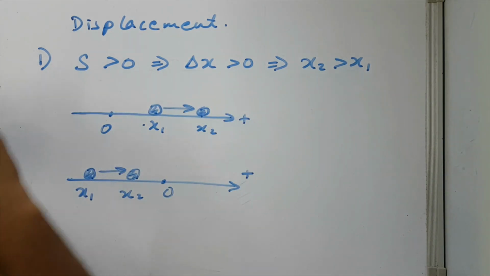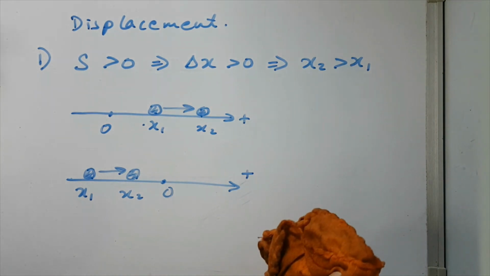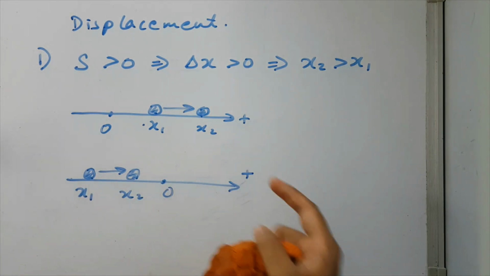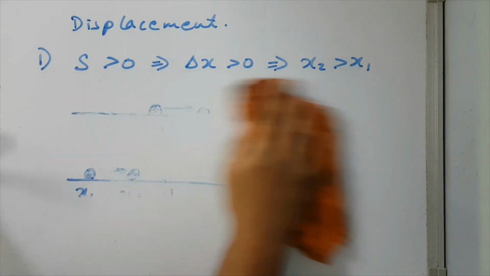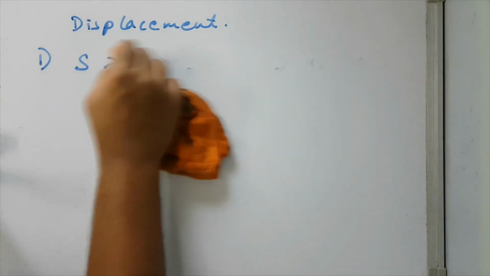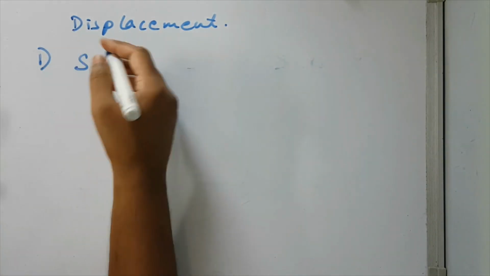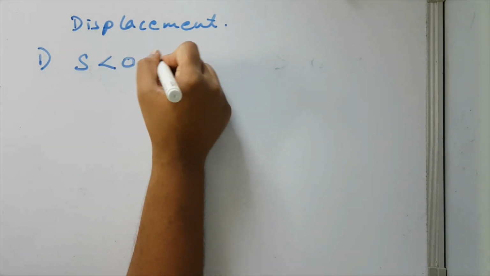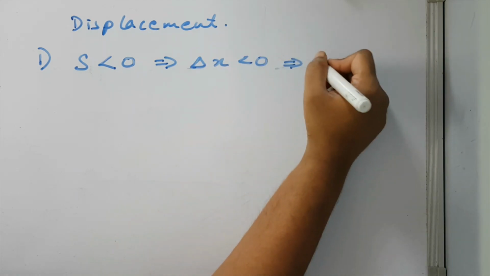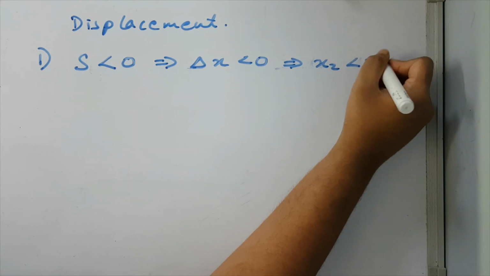So the obvious thing is that if the displacement is negative, the particle has to move towards the negative direction. So when I write displacement is negative, that implies delta x is negative, that implies x2 is less than x1.